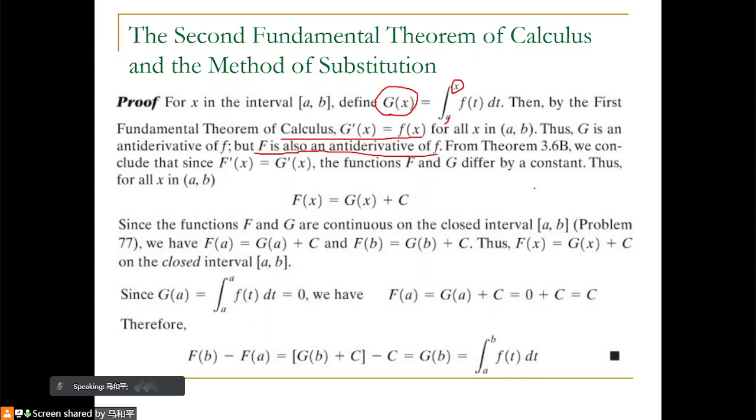From Theorem 6.3.6b, we conclude that G(x) and F(x) are both antiderivatives of f. So this means the functions F and G differ by a constant. Thus, for x in [a,b], we have F(x) is equal to G(x) plus C.